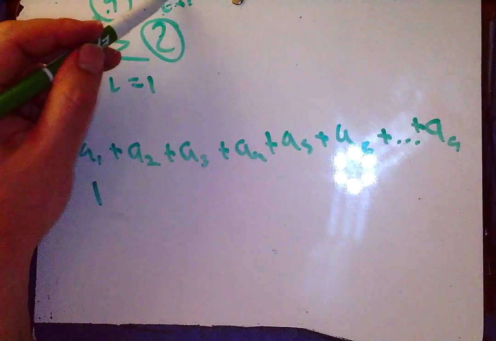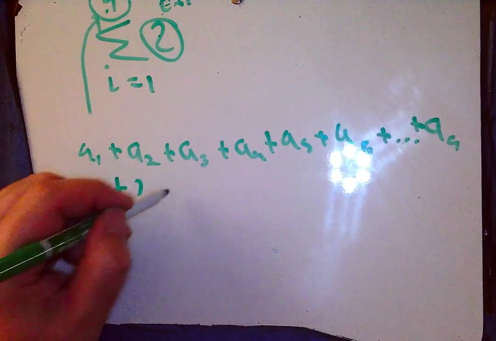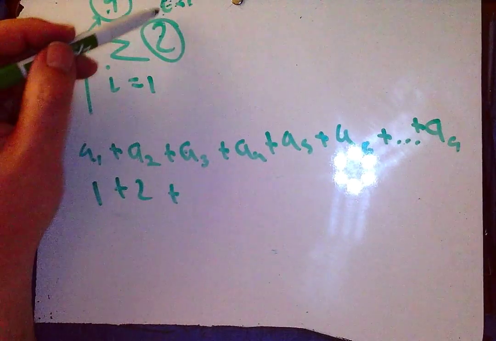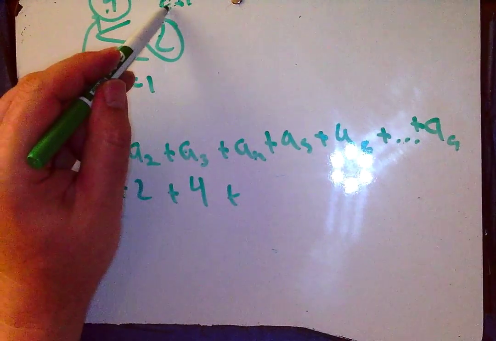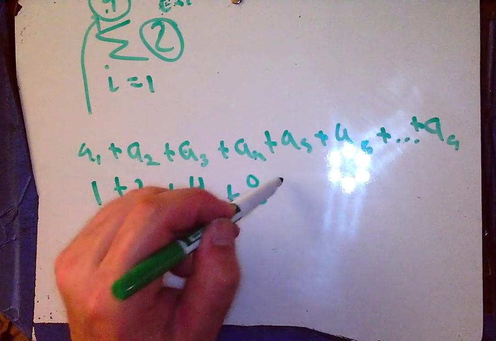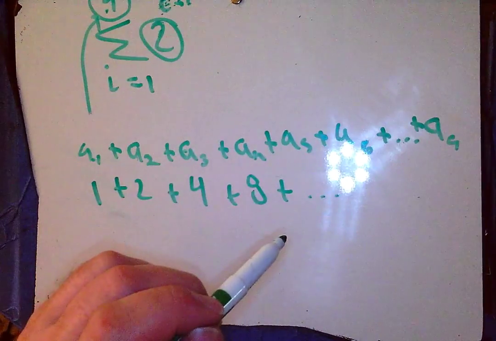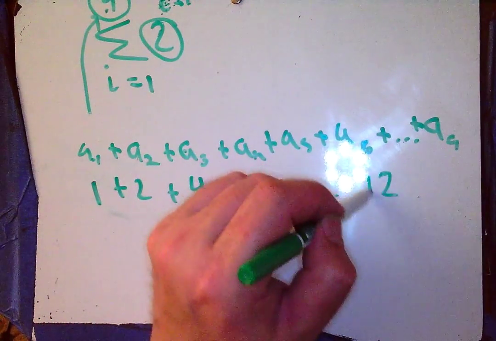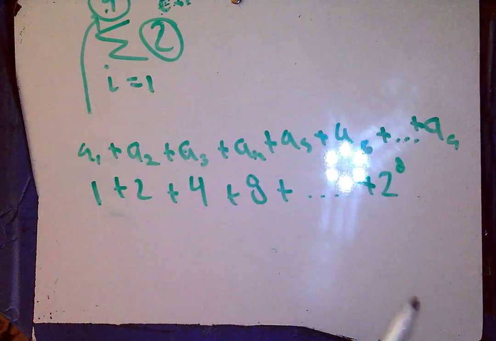To find a sub 1, we plug a 1 in here. To find a sub 2, we plug a 2 in here. 2 minus 1 is 1. 2 to the 1 is 2. And to find a sub 3, I plug a 3 in here. I get 2 squared, or 4. And then I plug in a 4 up here. I get 2 to the 3rd, which is 8. And I keep going until I end up with 2 to the 9 minus 1, which is 256.